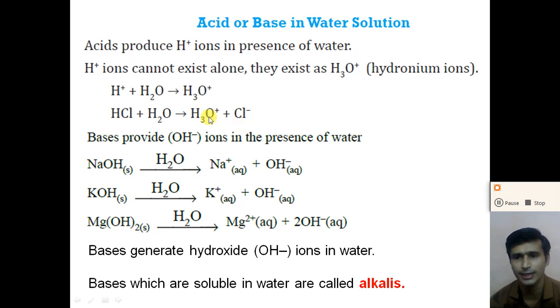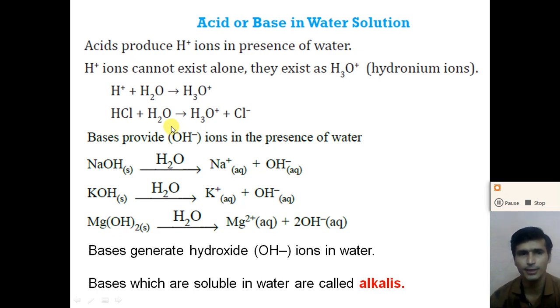H plus ion cannot exist alone. It combines with the water molecule H2O, and we get the H3O plus ion and the Cl minus ion, right? So dear students, all acids react with water and produce the H3O plus ion and the negative ion present in the acid.